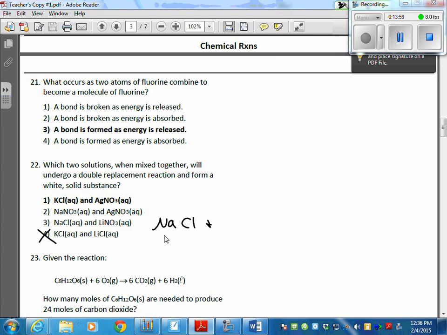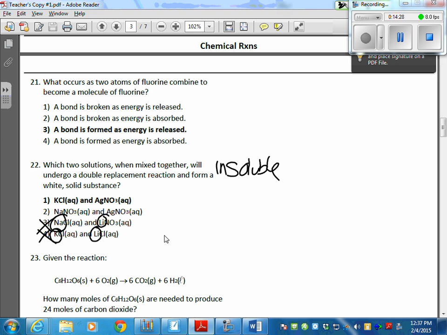NaCl and LiNO3 switch their partners. I have NaNO3 and LiCl. Na and Li are both group 1, so they're always soluble. I'm looking for the insoluble piece here. All right. If you look at 3 and 4, they both have group 1 elements in both of them.